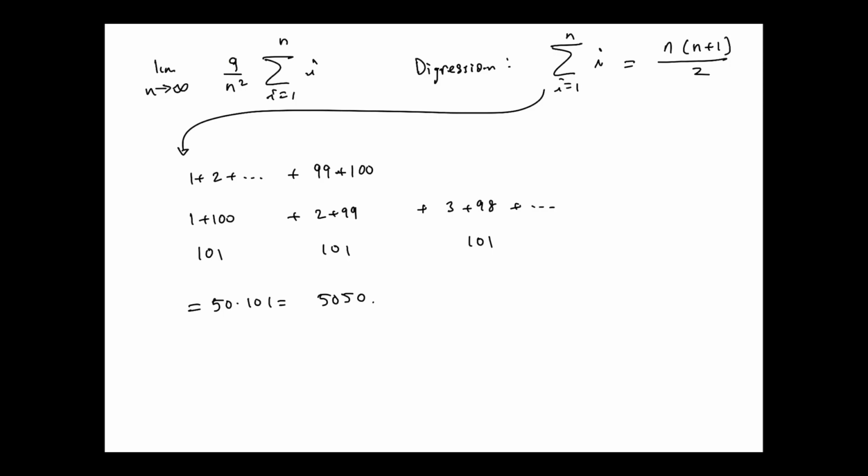If n is an odd number, then n plus 1 is therefore even. Even numbers are divisible by 2. Similarly, if n is an even number, then n is divisible by 2. So in either case, one of the two things in the numerator is divisible by 2, and so that division by 2 is not going to be a problem.